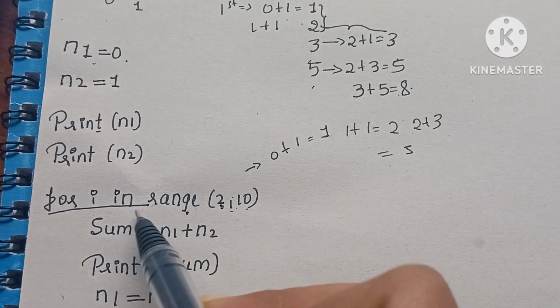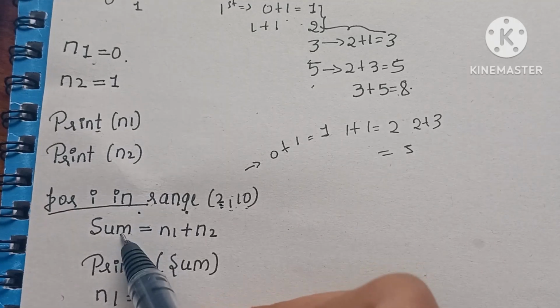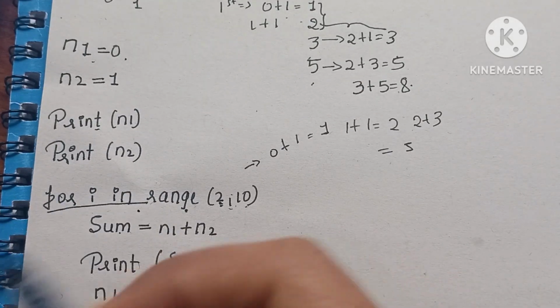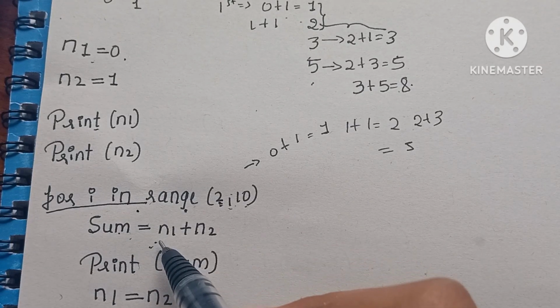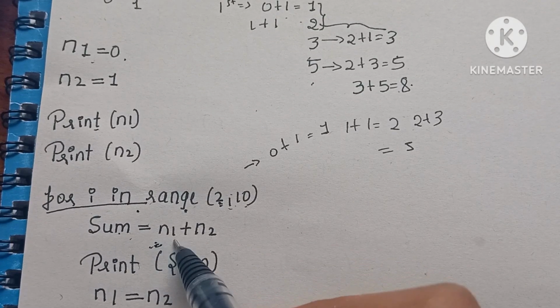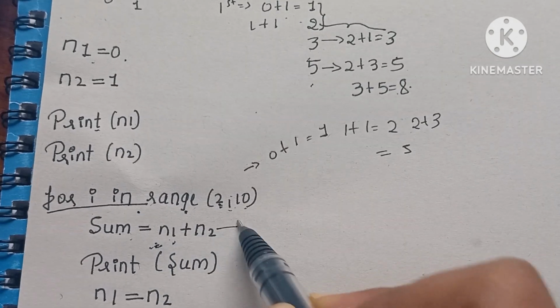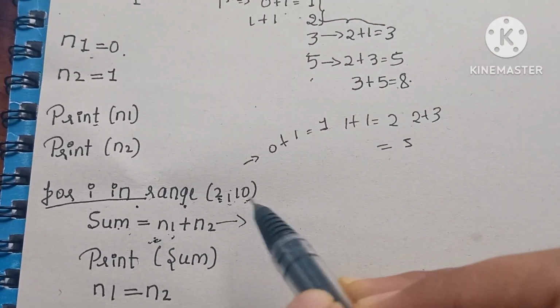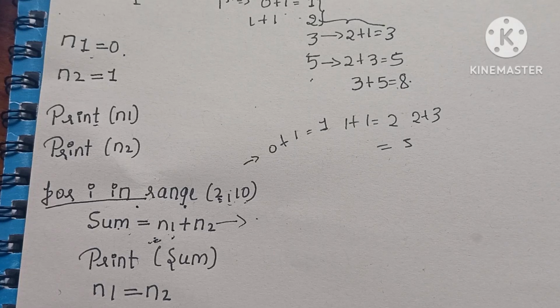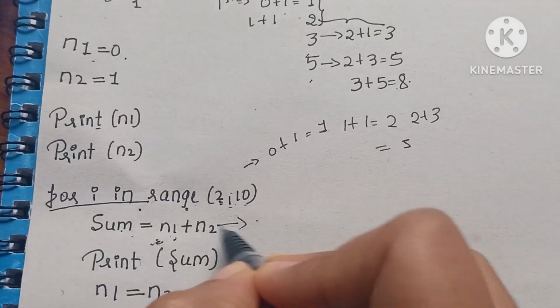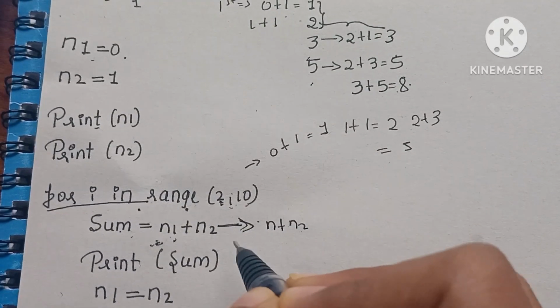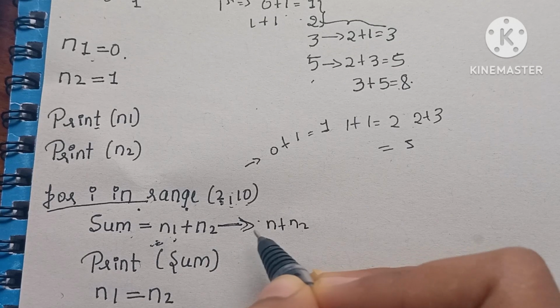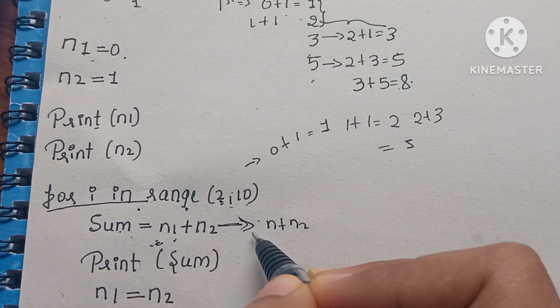So inside this loop we need to get the next Fibonacci number. How will we get this number? When I add two values, here n1 plus n2, we will get the next Fibonacci number. This is n1 plus n2, and we need to store this in another variable, that is called sum.